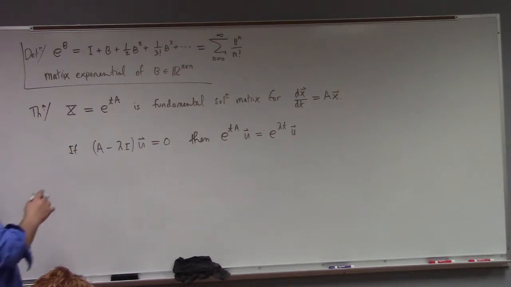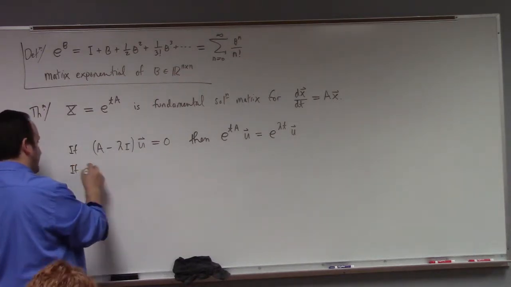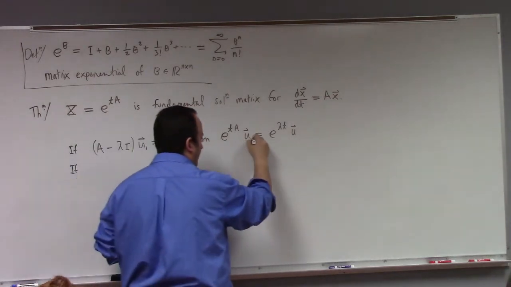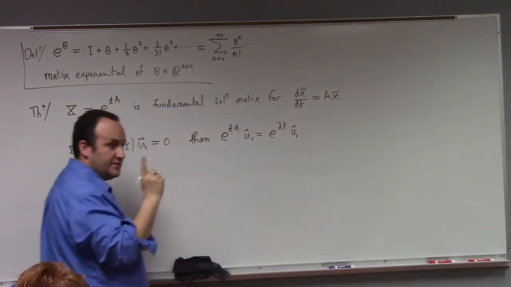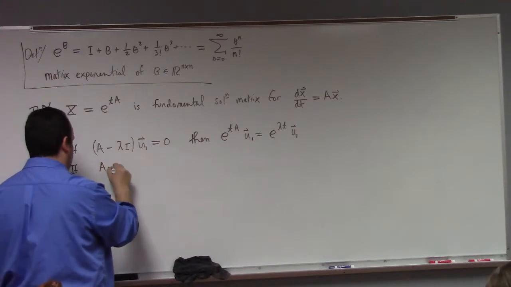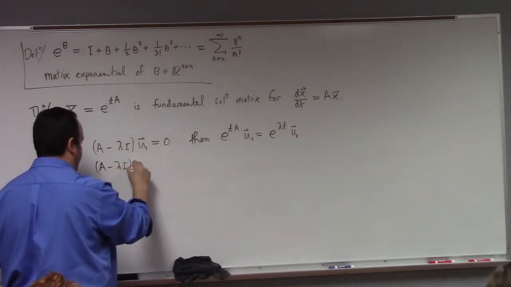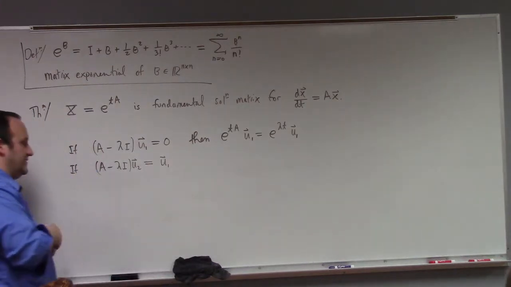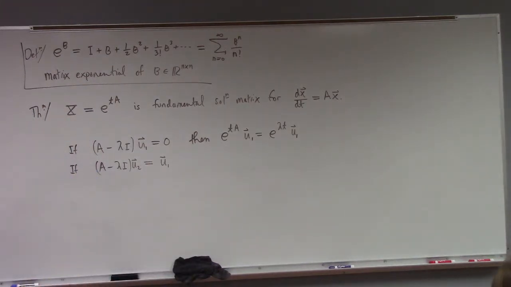And on the other hand, let me call that u1. If I have a u2, which is a generalized eigenvector of order 2, like this, if A times u2 is equal to u1, that makes it a generalized eigenvector of order 2, right?